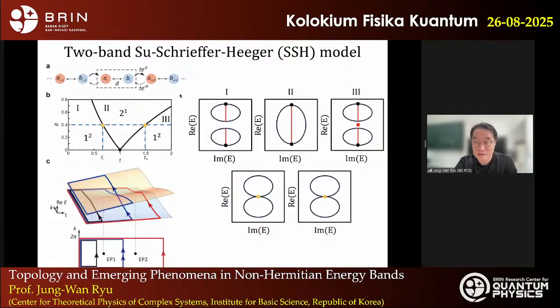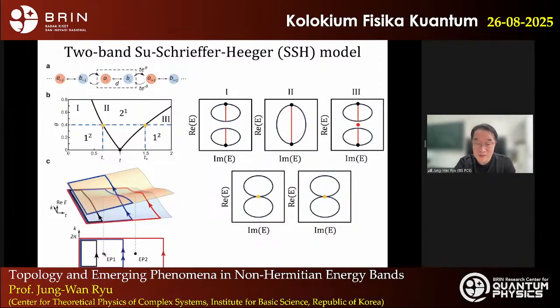But if we think about this model, it is a one-dimensional SSH model. There is only one momentum K. In this case, we can reconstruct using K and the system parameter T. This is a two-dimensional case.